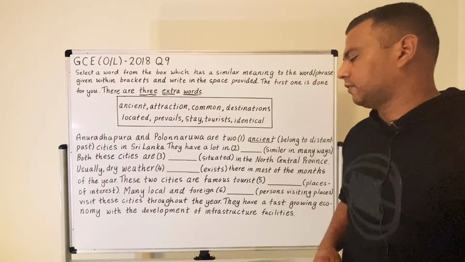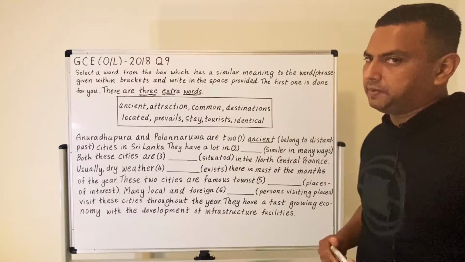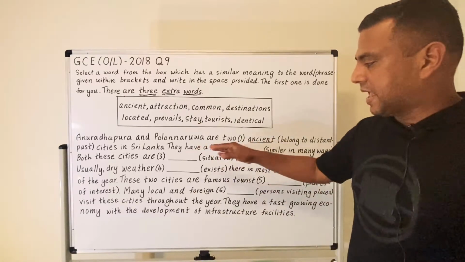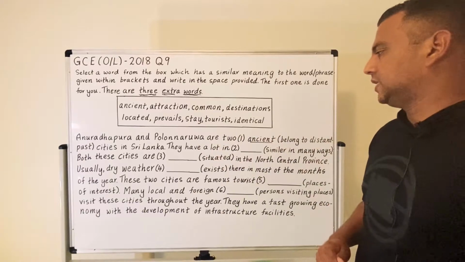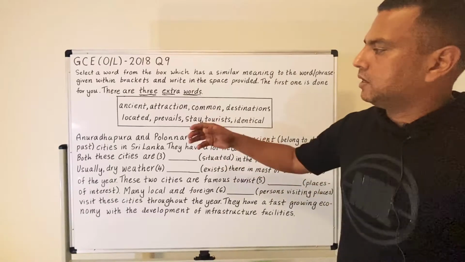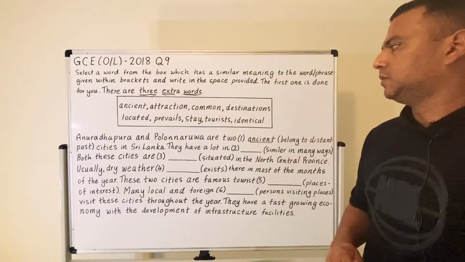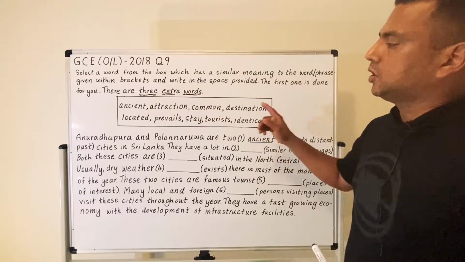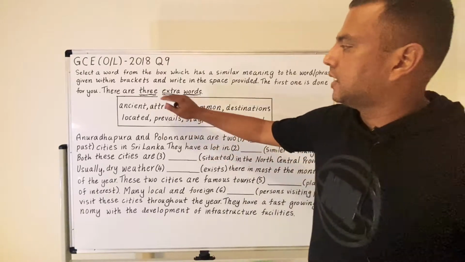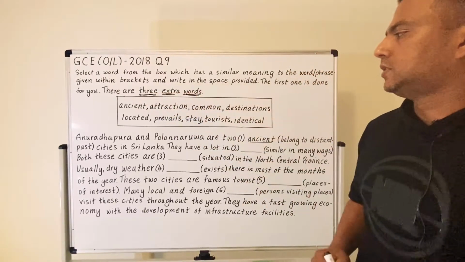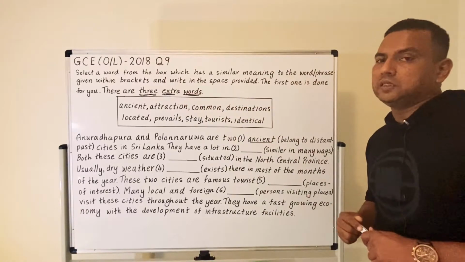But from the look of it, it looks like a fill in the blanks exercise where there are the blanks that we have within the passage. We have to fill by using these words that they have given in this box. And also you have to be very careful. That's why I have underlined these 3 extra words. So in this box we have more than what is required.